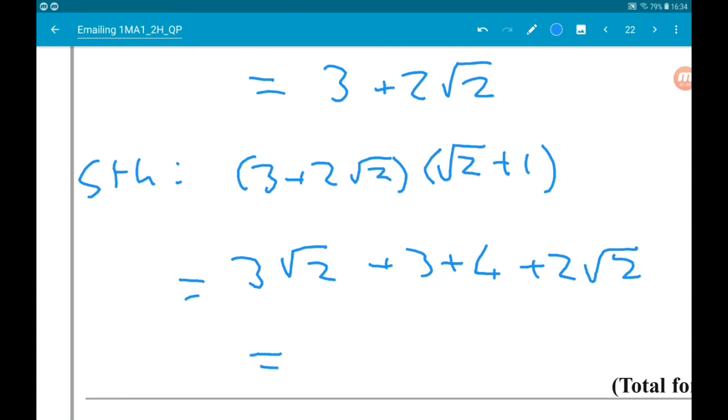So, altogether, we have now got 3 add 4, which is 7, and 3 root 2 add 2 root 2, which is 5 root 2. Which is what we wanted to show.